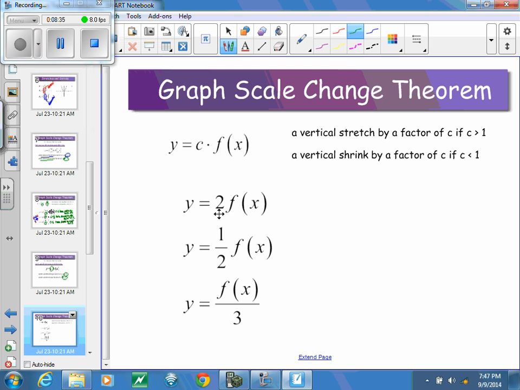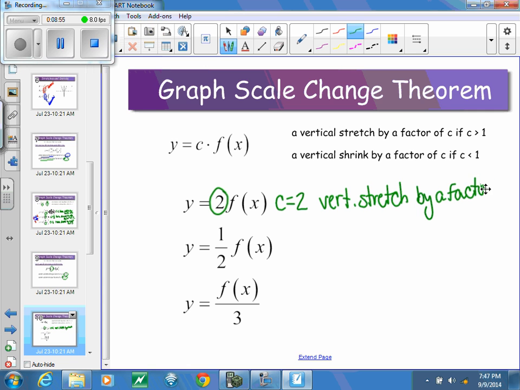So a few examples to look at here. Outside of y equals 2 times f of x. So this outside change right here, this is telling me that c is equal to positive 2. So we're going to have a vertical stretch by a factor of 2. In the next one, we have y equals 1/2 times f of x. So this is telling me that c is equal to 1/2.